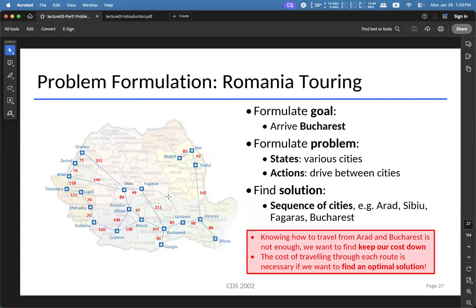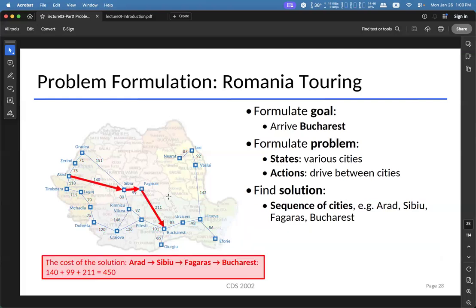Once we add this detail into a graph like this, figuring out the cost from one state to another state is essentially just adding the numbers along the path. So we travel from ACT to Cebu, and the cost is 140, and we go from Cebu to Bucharest, the cost is 99, and when we go from Bucharest to Bucharest, the cost is 211.